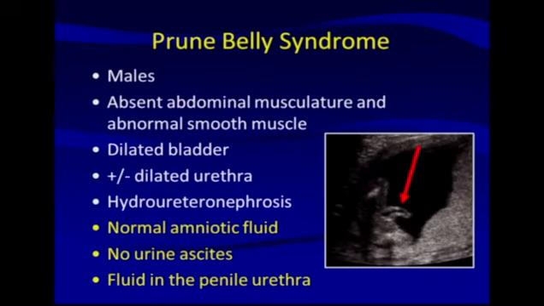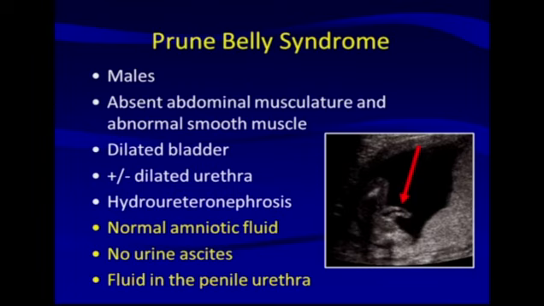Now, prune belly also occurs in males, and this is due to absent abdominal musculature and abnormal smooth muscle. Because of this, the bladder will dilate. You'll see hydroureteronephrosis, just like in posterior urethral valves. But unlike posterior urethral valves, there'll be a normal amount of amniotic fluid.